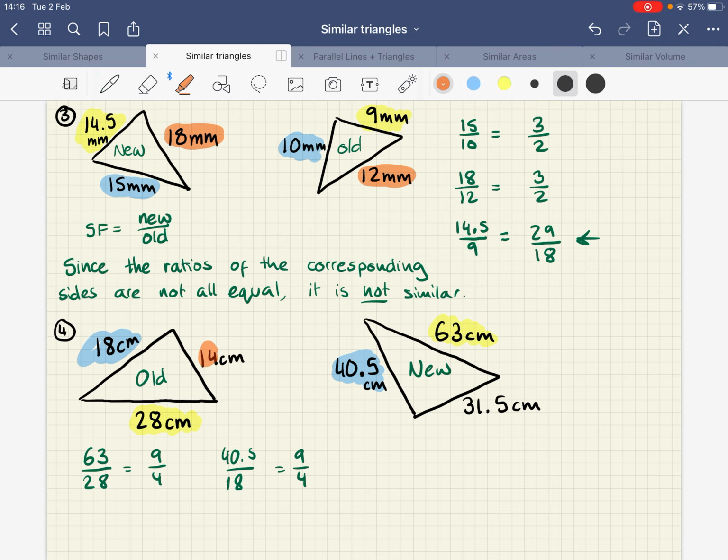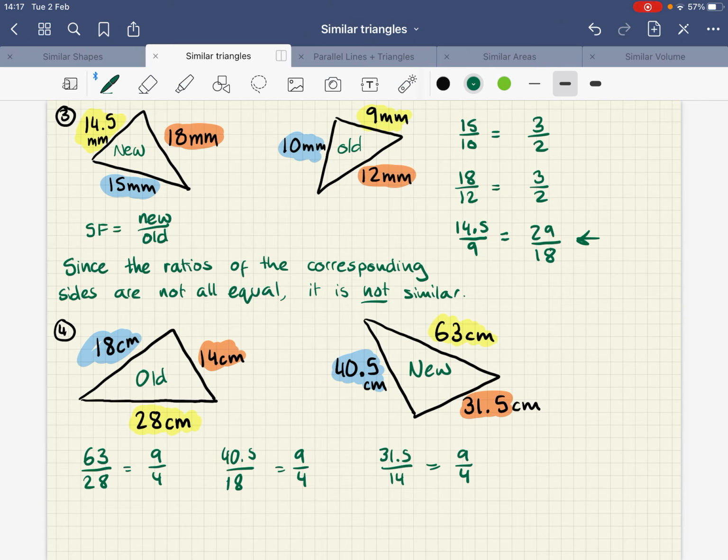And then my last one, the 14 and the 31.5. So 31.5 over 14. Putting that in the calculator comes out to 9 over 4. So in this case, they are all equal, so that means this is going to be similar.